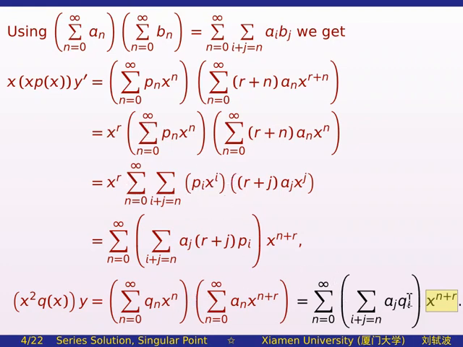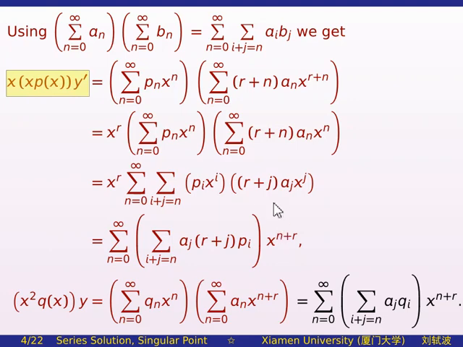And then the coefficient of x^(n+r) is the sum of a_j q_i, where i plus j is n, summing over all i, j with i plus j equal to n. Okay, so these are the series expressions of y prime and y in the equation.